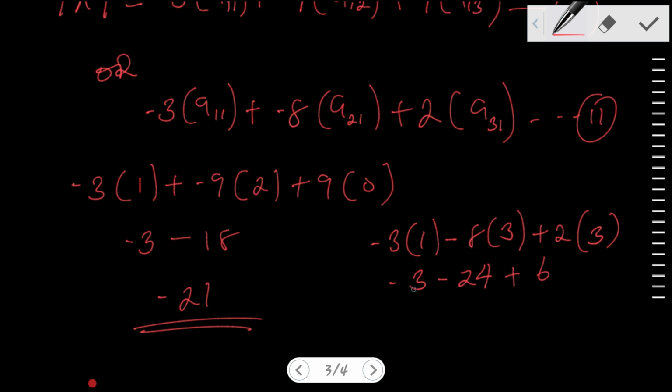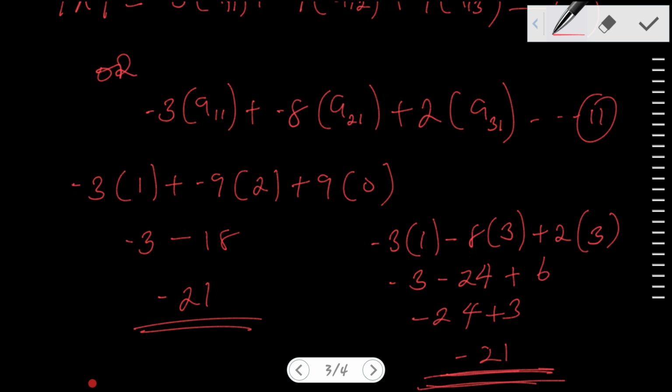Now if you look at negative 3 plus this, I'm going to have 3, plus 3. And if you add this, you're going to get negative 21, right? So either way, you get the same answer.